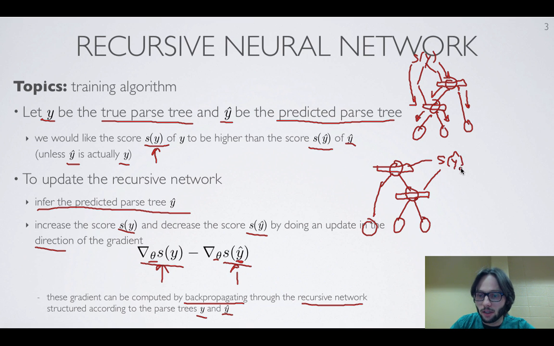Then again we'd assume that the gradient with respect to S of y hat is -1, because we're interested in the negative gradient, and then we'd backpropagate through the neural network that was constructed recursively using this syntactic structure of y hat, and then through to all the parameters. And so these two procedures would give us this part and this part of our update direction, and then we'd combine them by subtracting them, and that gives us the update direction to follow to update all of the parameters. So that's how training would proceed in this case.